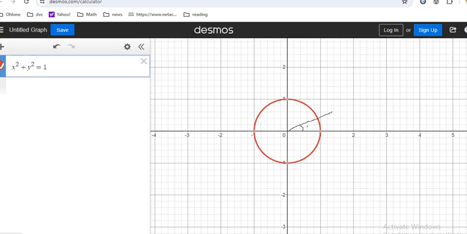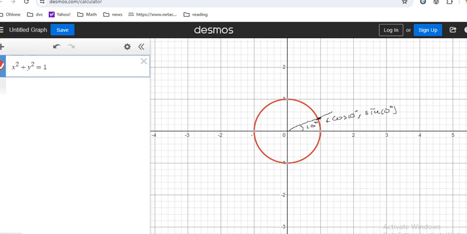I don't know if it's really 10 degrees. How do I read off the point accurately, rounded to 4 decimal places? That is not possible. So in general, you would require a table lookup or a graphing calculator to read off the x and y. But by the definition, x would be cosine of 10 degrees, and sine of 10 degrees would be the y that cuts the unit circle.